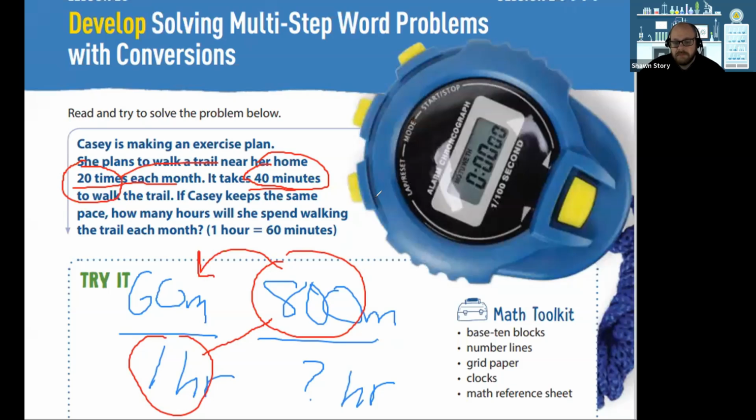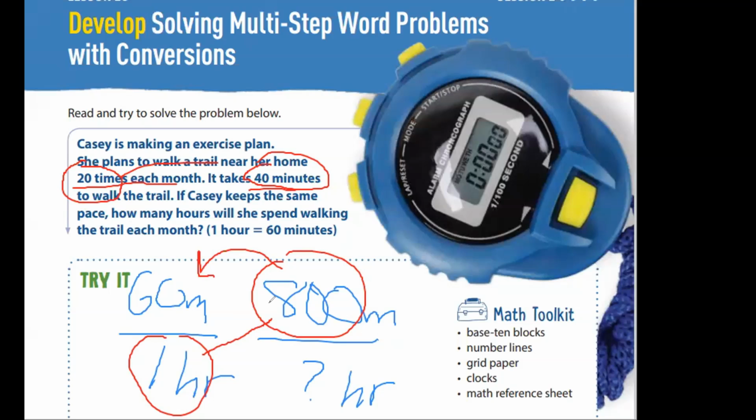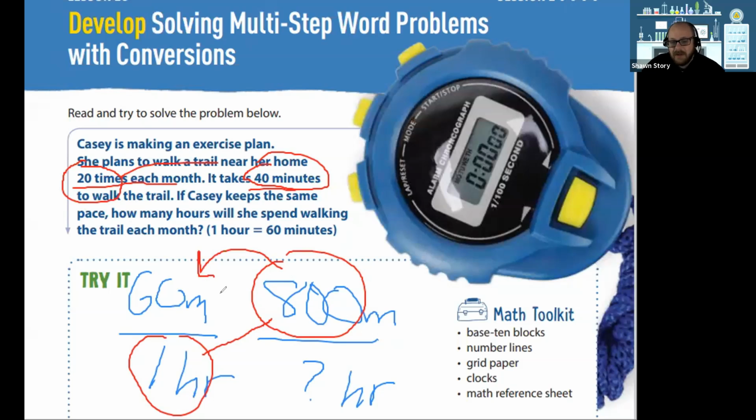You go like there's 60 minutes and 1 hour, and then the 800 minutes divided by a question mark. Yes, very good. So we're going to take 800, divide it by 60. So 1 times 800 is 800 divided by 60. What is 800 divided by 60?